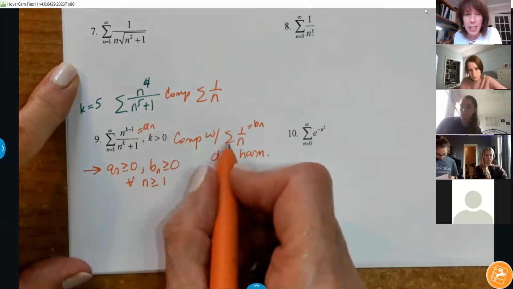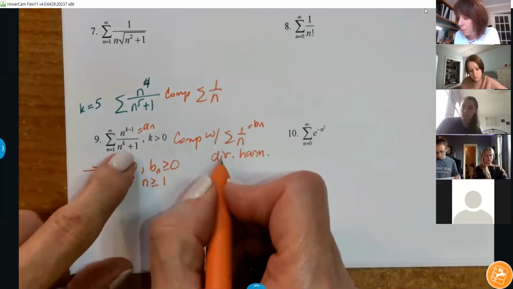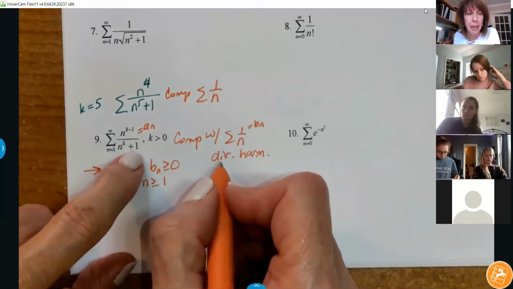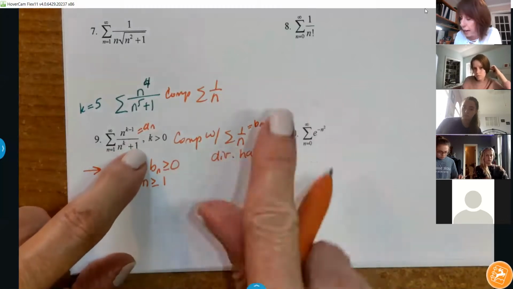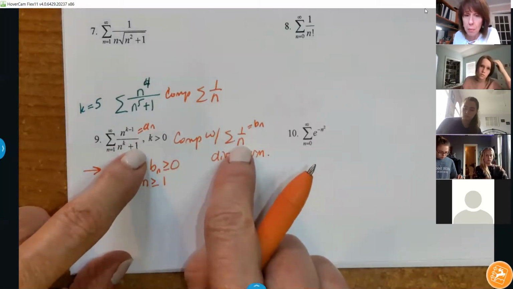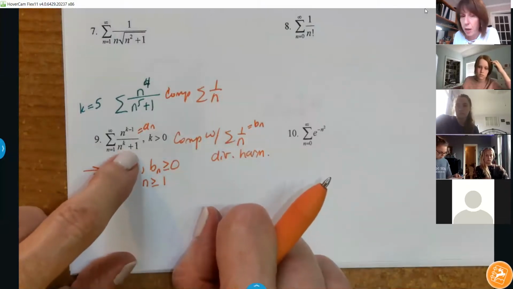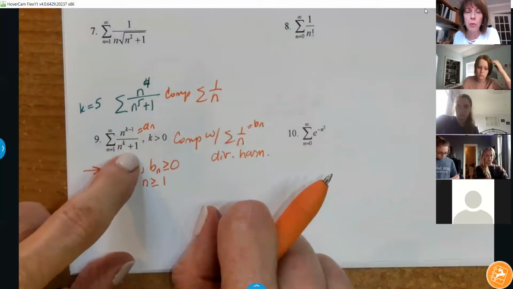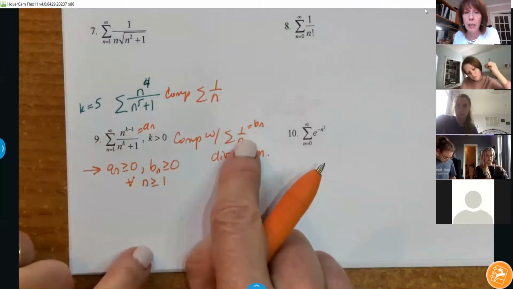Now, since I'm diverging, I look at my denominator, and with the plus 1, if I did a direct comparison, it would not work, because the plus 1 makes this denominator bigger, which would make the whole thing smaller than this.